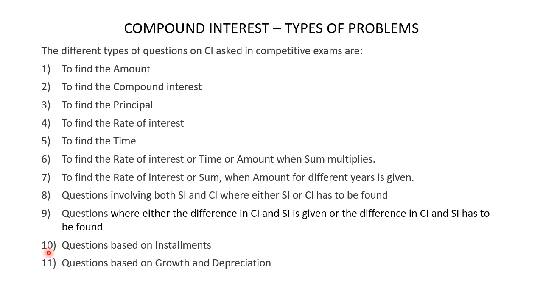The 10th type is questions based on installments. The 11th type is questions based on growth and depreciation. We'll solve a few problems on each of these types in the coming videos.